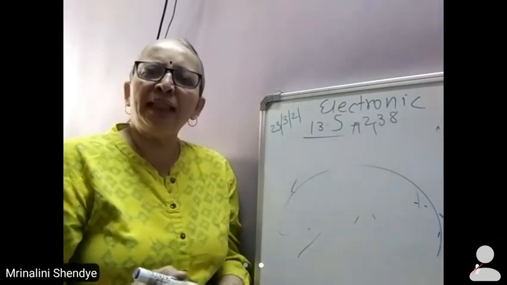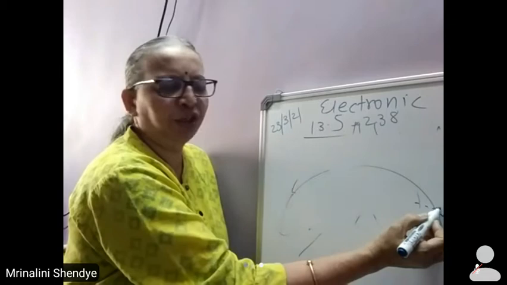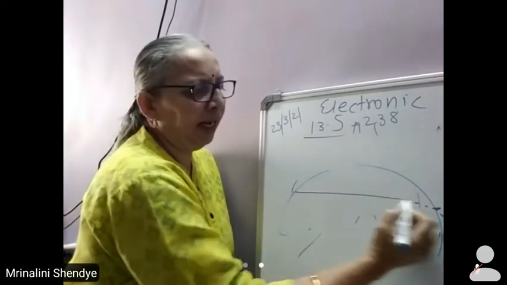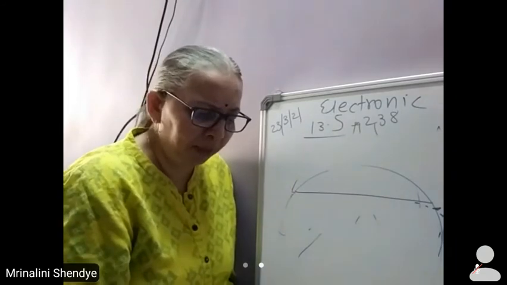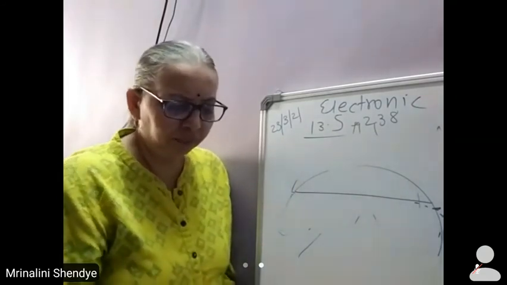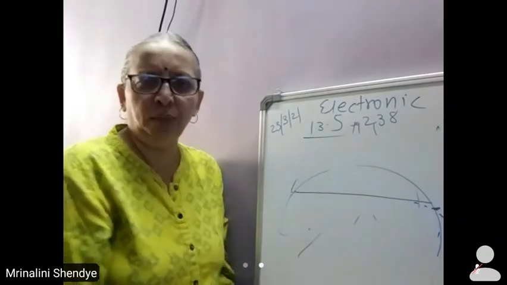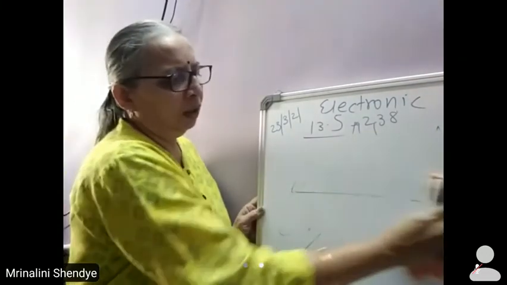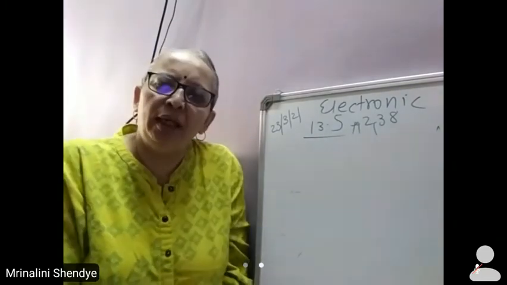The maximum distance up to which this signal can reach in a straight line is called range. So the maximum, largest distance is called the range. So range is one more term generally used in communication system.